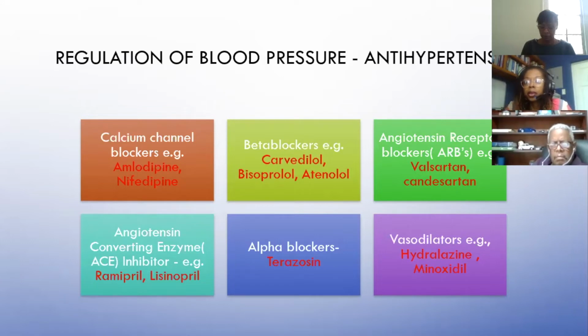The angiotensin receptor blockers, or medications like your valsartan, or trade name Diovan, your candesartan, your losartan, again, similar ending, -artan. The ACE inhibitors are medications like the ramipril and the lisinopril. Again, you hear the similar endings.